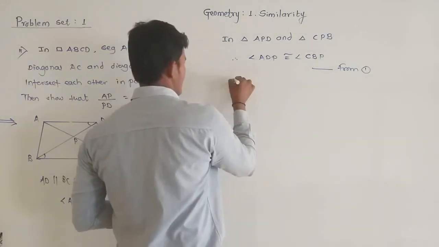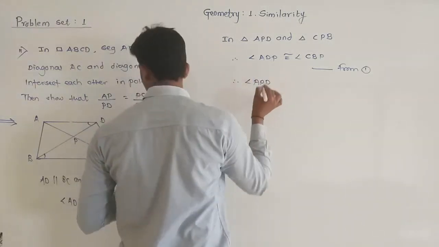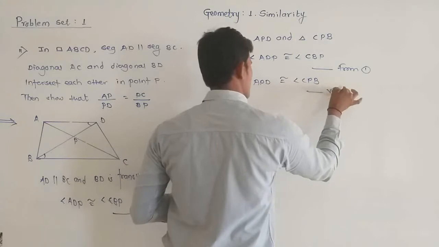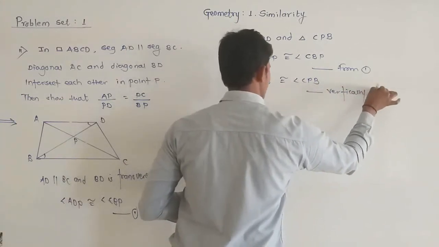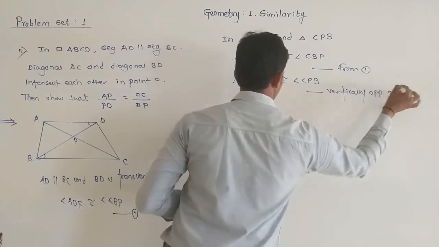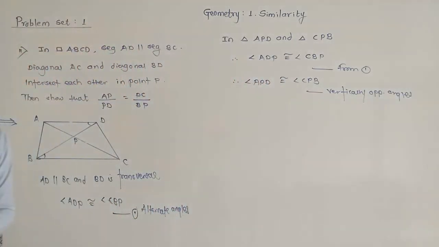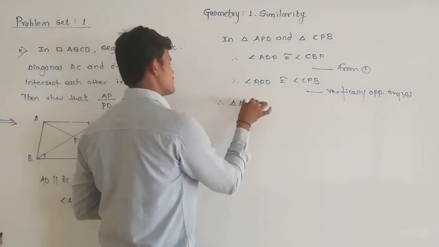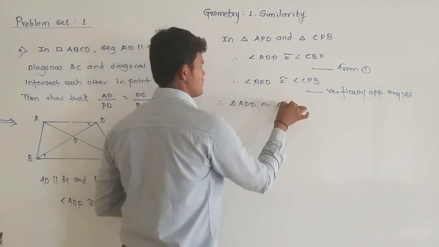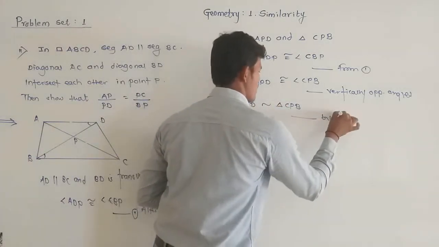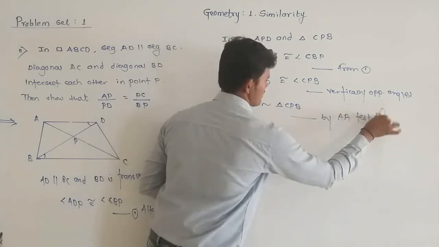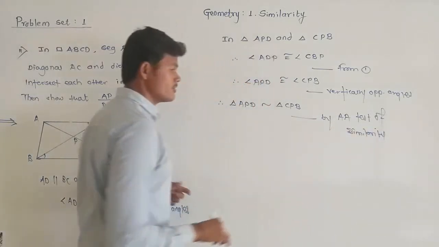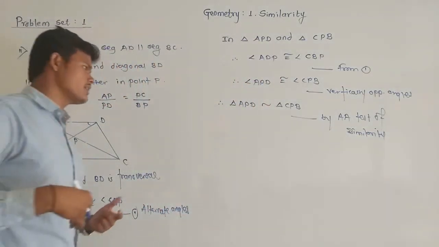So here angle APD is congruent to angle CPB, both are vertically opposite angles. So two angles of the first triangle are congruent with corresponding two angles of the other triangle. Then both triangles APD and CPB are similar by angle test of similarity.